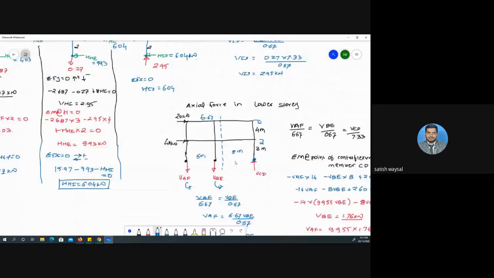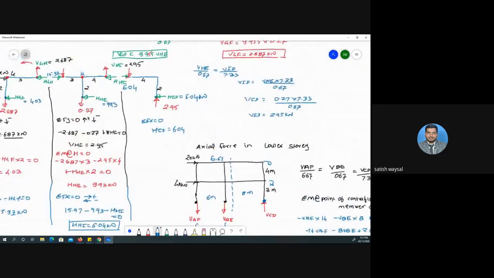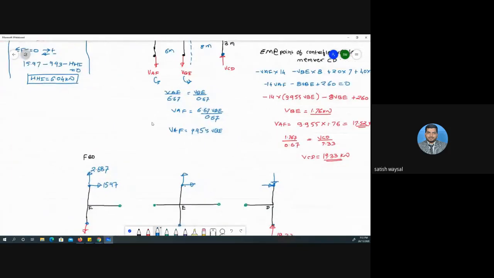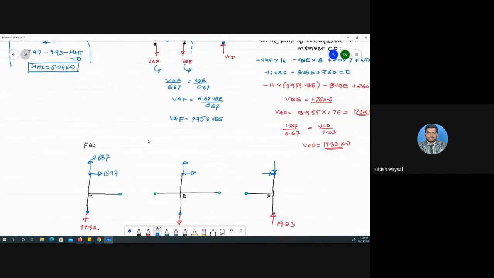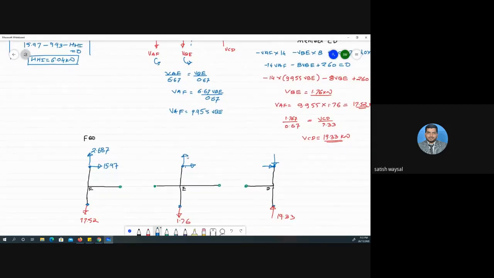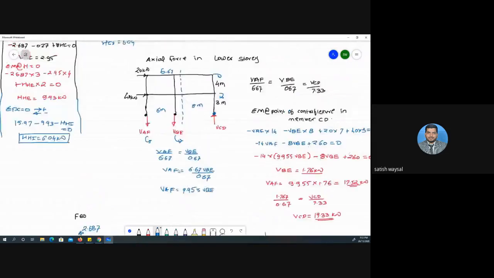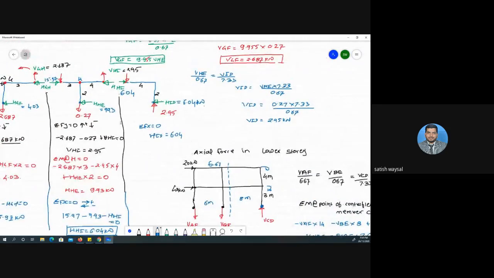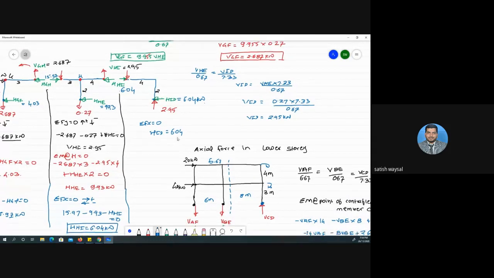Intermediate here 0.27 and this is 9.93.